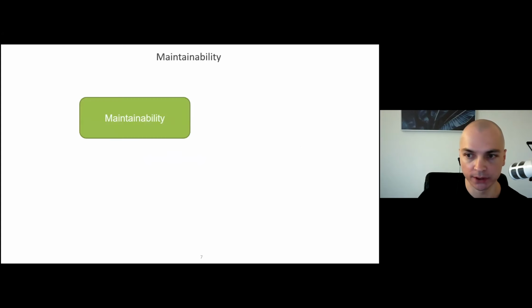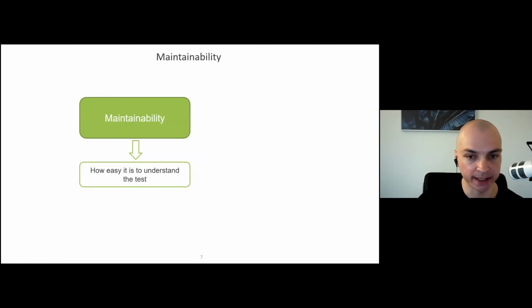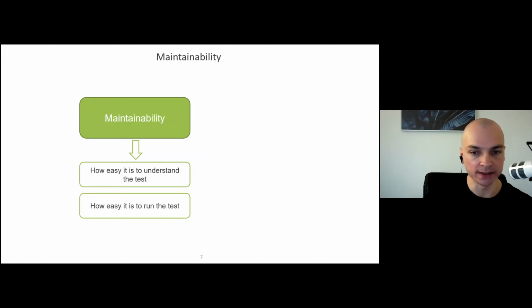The 4th component, the maintainability component, consists of 2 subcomponents. The first one is how easy it is to understand the test. And the second subcomponent is how easy it is to run this test. And the first subcomponent, how easy it is to understand the test, is a function of the size and the clarity of the test.